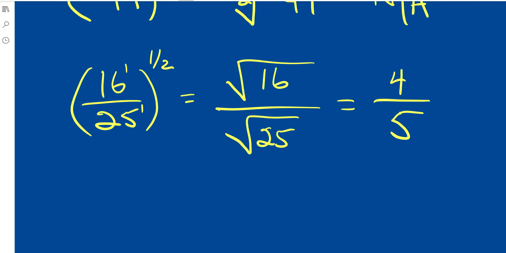All right, that was letter E. Yes, and let's see what else we got. All right, next what we want to do now is we want to review our properties of exponents. Okay, so I'll follow along in our book, or maybe I'll use my own variables here, but it's the same idea.